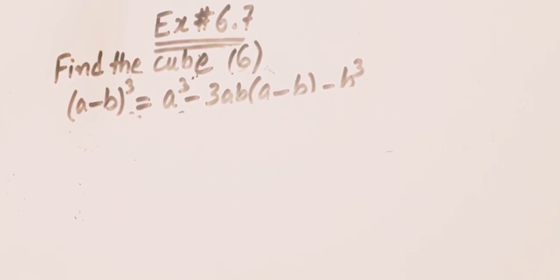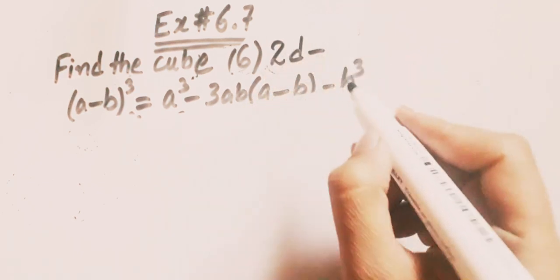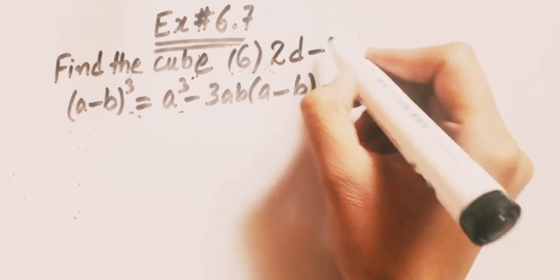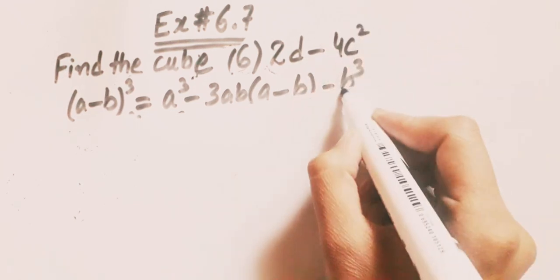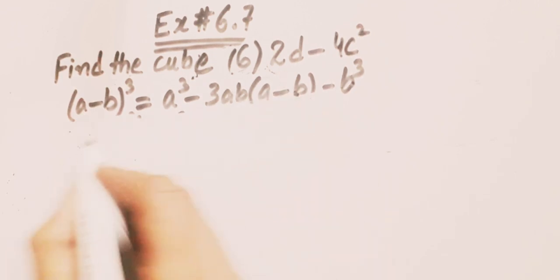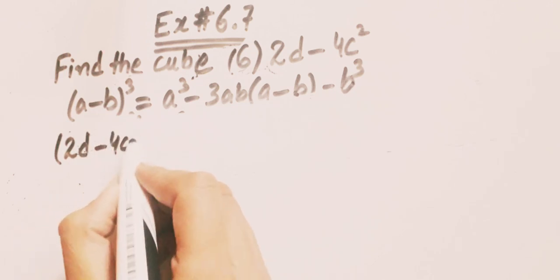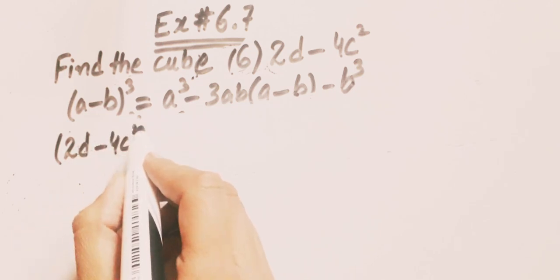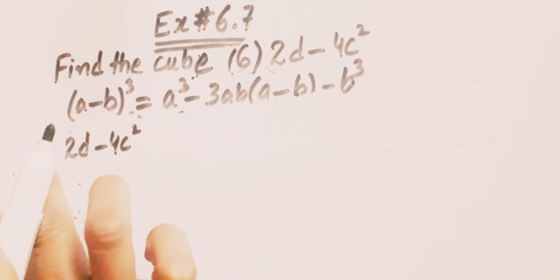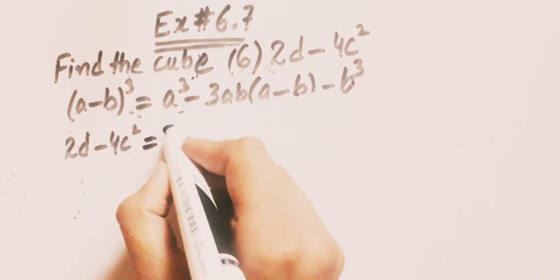Now in question number 6, we have 2d minus 4c square. We will apply this formula as 2d minus 4c square. Before taking cube, we should take 2 as common to make this simpler.